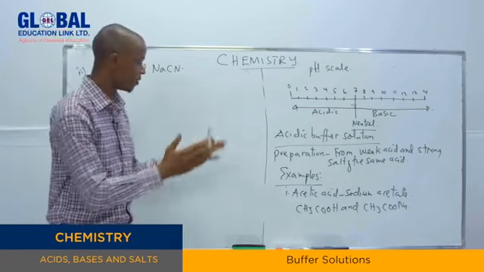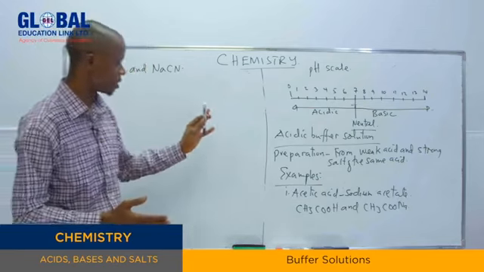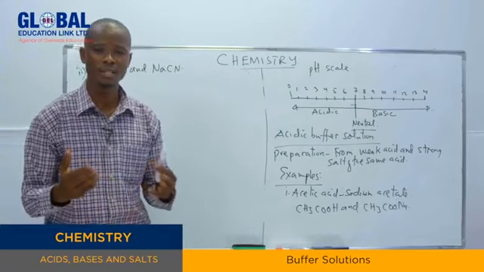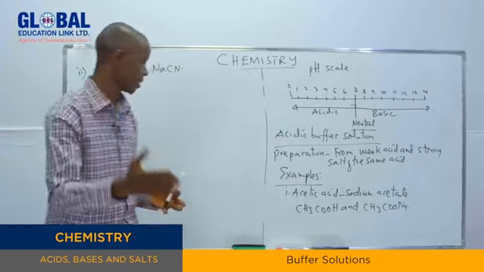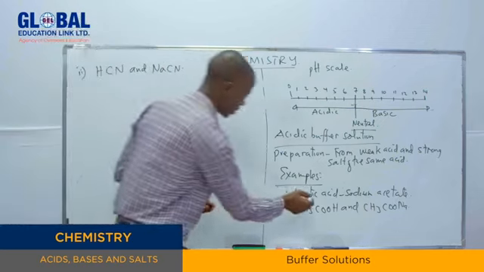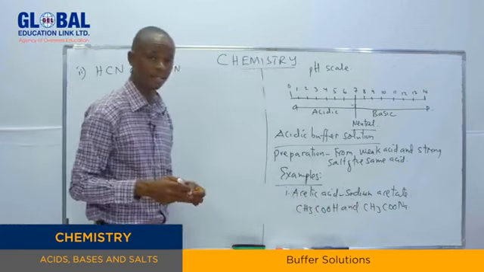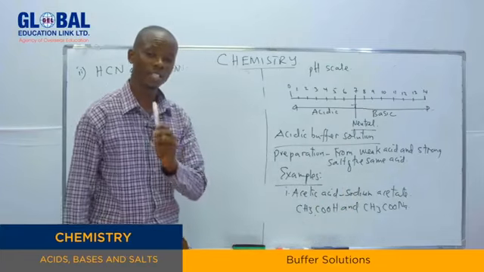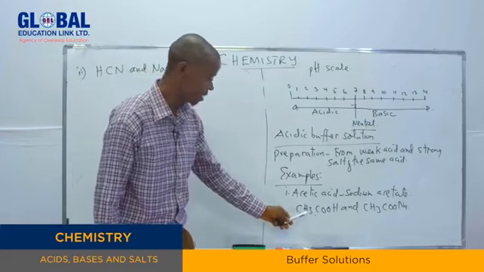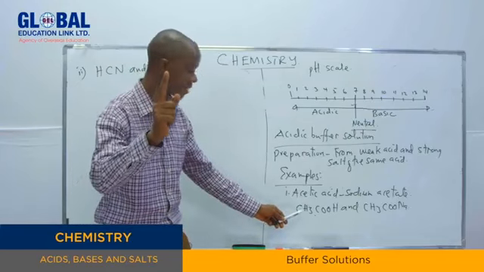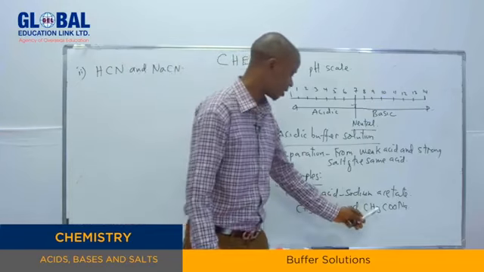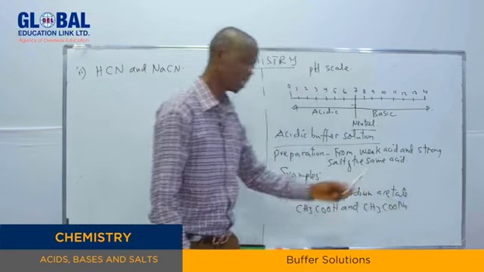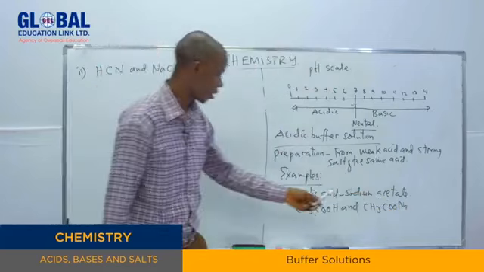Now, after we have discussed the acidic buffer solution in short, I can ask you the question, why is it called acidic buffer solution? It is acidic. For example, when we take acetic acid and sodium acetate, this is acidic buffer solution because the ionization constant for the acetic acid is greater than the ionization constant for its conjugate base.